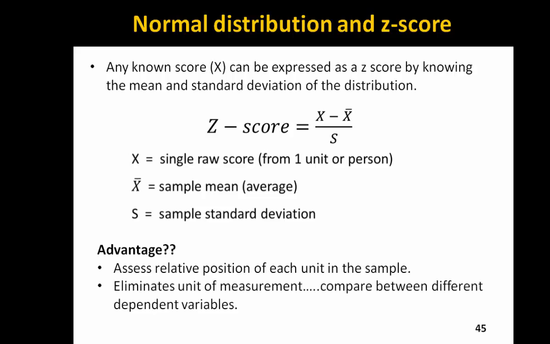As you can see here, we have units of Newton meters in the numerator as well as the denominator. Remember, standard deviation units take on the same unit as the original measurement, so the units will cancel. This therefore allows us to compare between different outcome measures that have different units.